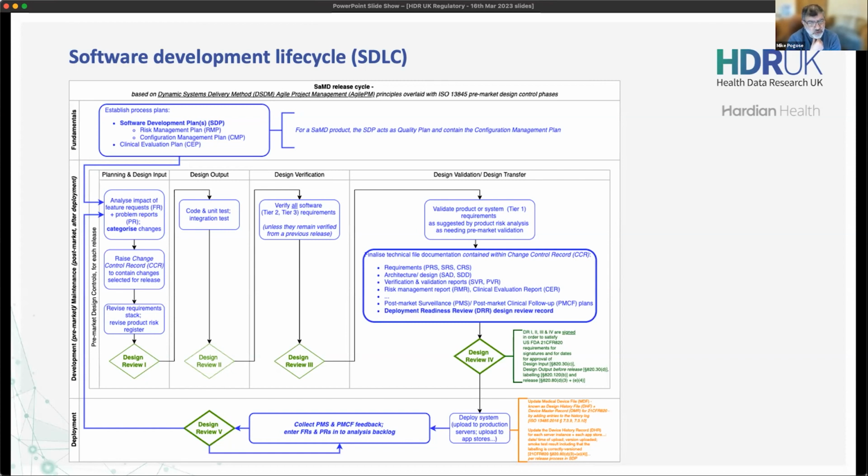And then, as Karen described, the loop at the bottom in deployment says, you periodically review and periodically ask the same question: is what is on the market actually what you intended to do, and is it safe, effective, and cyber secure? This is where the post-market surveillance, post-market clinical follow-up comes in and informs the requirements for your product. And that's why you go back to planning a new release periodically from the output of your PMS.